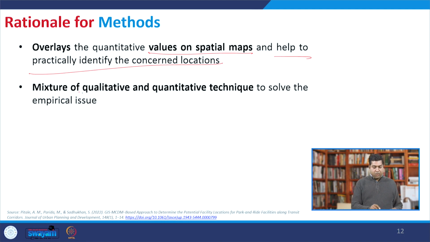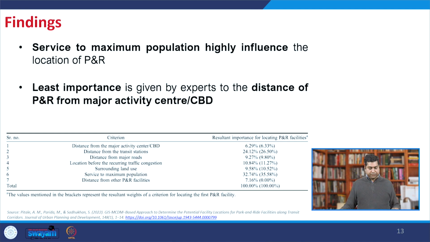The mix of qualitative and quantitative techniques was used to solve the empirical issues, because just having numerical data about a certain score will not help. When we can see it spatially, it is definitely very helpful for taking a decision.